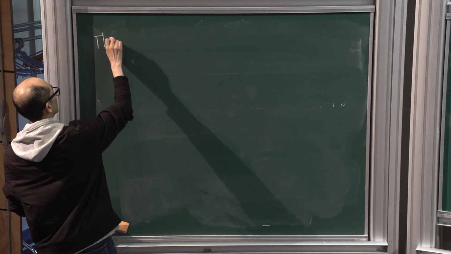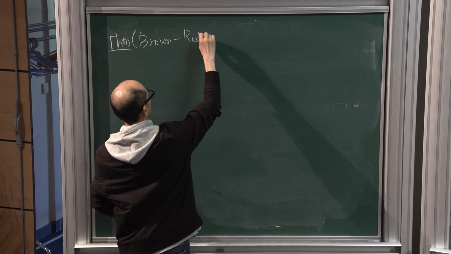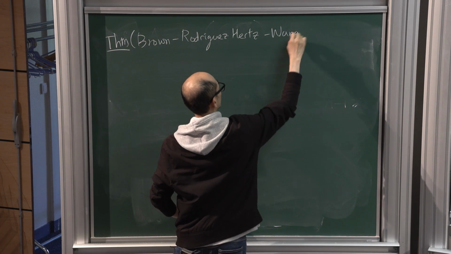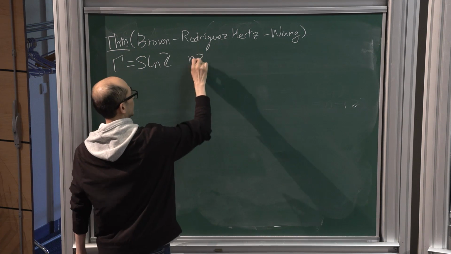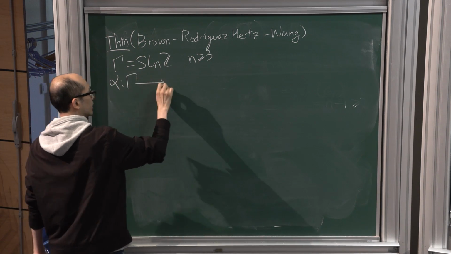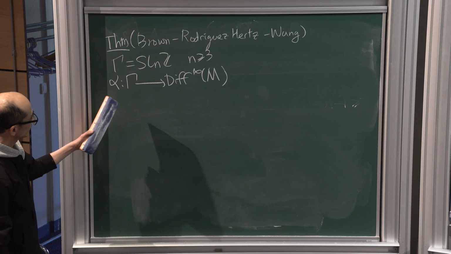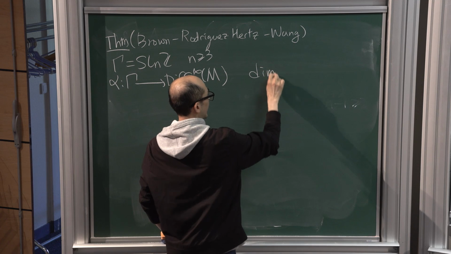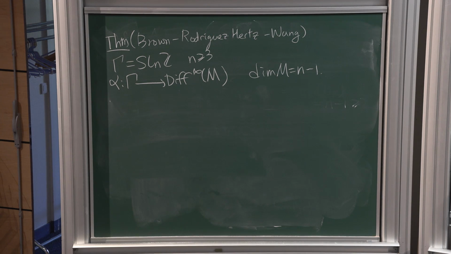The theorem by Brown, Rodriguez Hertz, and Wang says, in the same setting, that I have again a smooth action on the manifold, and now let's just assume that the dimension of M is n-1. So in dimension n-1, I should detect this kind of example, right?